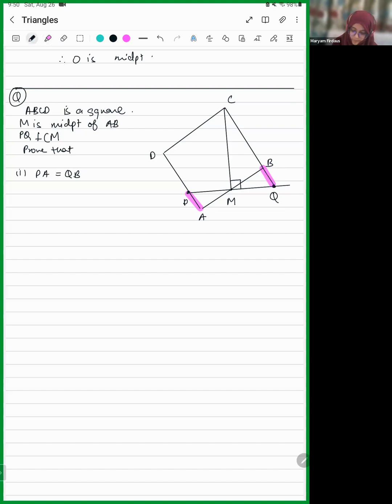So you have to prove that PA is equal to QB. And the second point is CP is equal to AB plus PA. CP, which is this one, is equal to AB plus PA. So AB is this one.